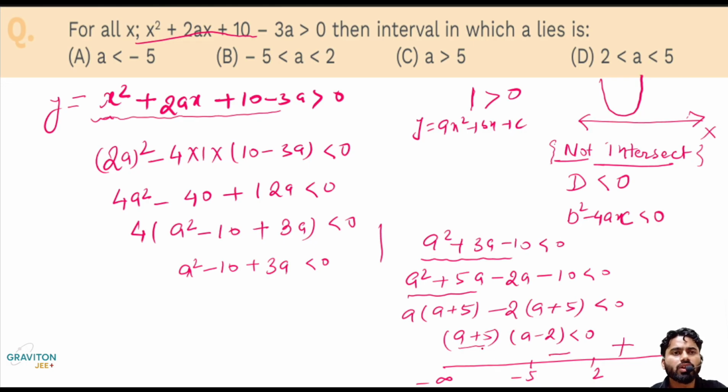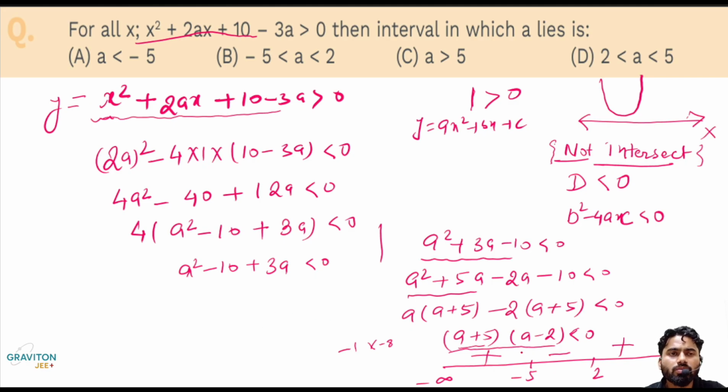Okay. Now take any number smaller than minus 5. So take minus 6. Minus 6 plus 5 will give you minus 1, and minus 6 minus 2 will give you minus 8. So minus 1 into minus 8 will be positive. So here your expression is negative only between minus 5 and 2, and here is a strict inequality.